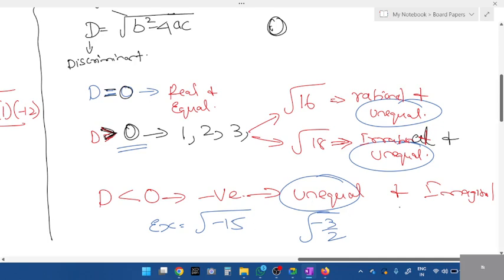Basically, any negative number is imaginary. Negative numbers are imaginary.